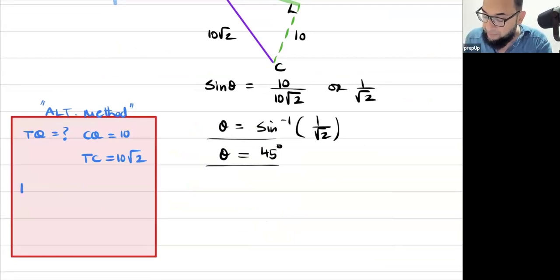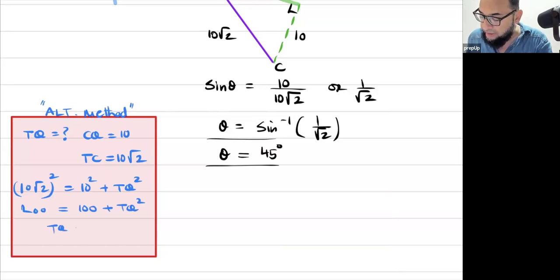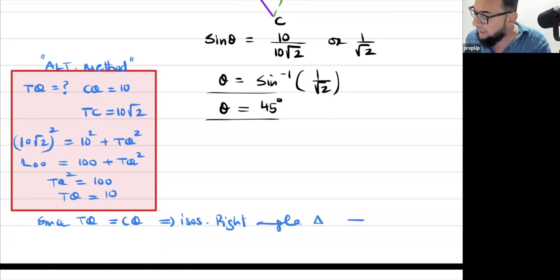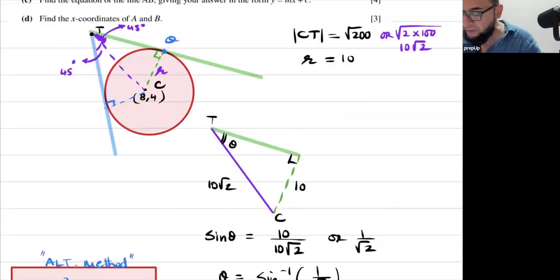Applying Pythagoras theorem, 10 root 2 whole square is equal to 10 square plus TQ square. This is 200, this is 100, this is TQ square. Therefore, TQ square is 100, TQ is 10. Since TQ equals CQ, it's an isosceles right angle triangle. Therefore, there are two 45-degree angles. So that is part B.